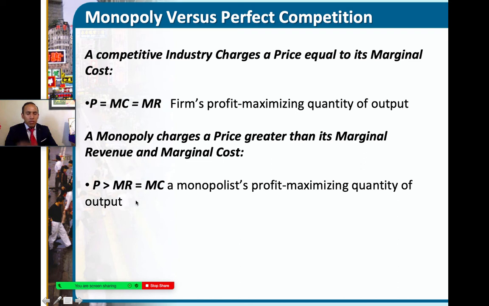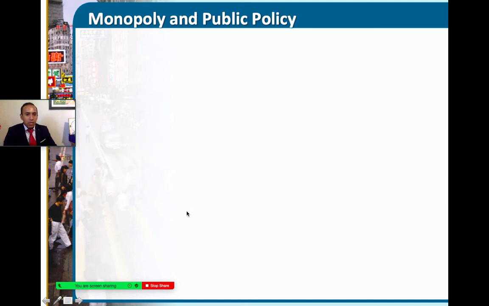That's why the marginal revenue has a downward slope. It's decreasing as you produce more output. If you have to cut price, the marginal revenue is downward sloping, and it's greater than the marginal costs as well. A monopoly maximizes profit where the monopoly price is greater than marginal revenue, and marginal revenue is equivalent to marginal cost, to produce a particular output.